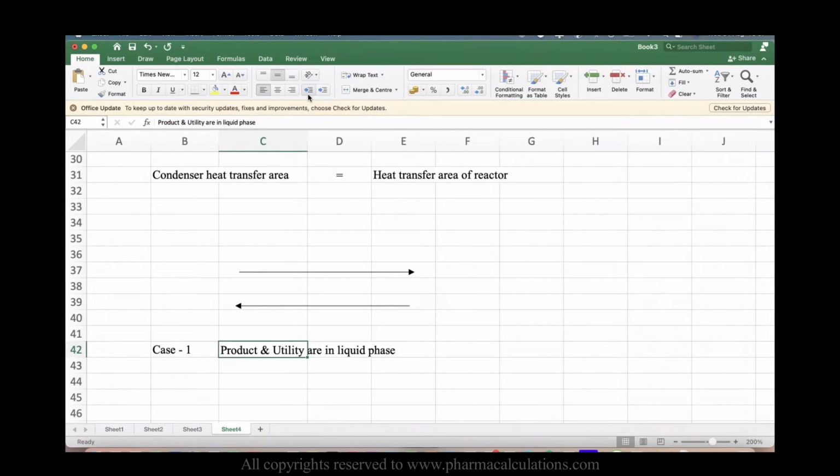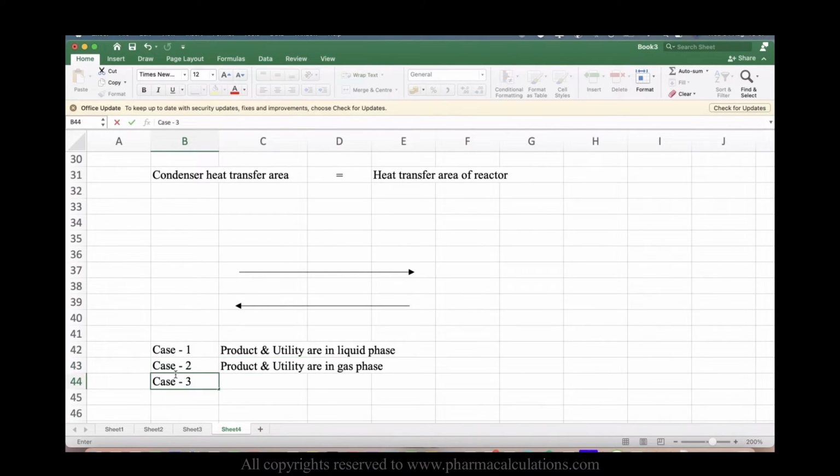Now the case is about estimating the LMTD, and we have to understand in what scenario we use LMTD and in what scenario we use the delta T. So I'll consider a total of 3 cases. Case 2 is in gas phase. Case 3 refers to product and utility in different phases. These are the 3 scenarios that we have to understand.